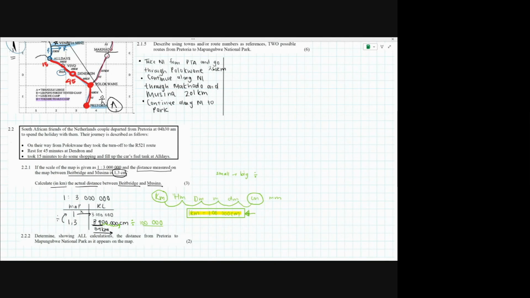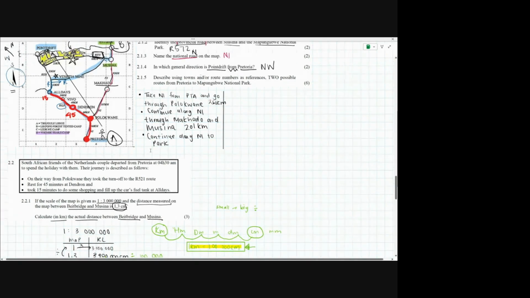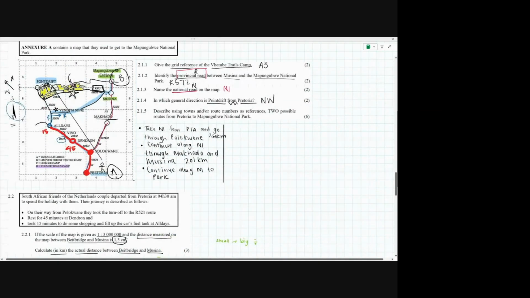It then says determine, showing all calculations, the distance from Pretoria to Mapungubwe National Park as it appears on the map. So what they mean by that is add up all of your distances. Now, what we would need to be mindful of is that we're talking about the route that they've taken. Okay, so along the R521.